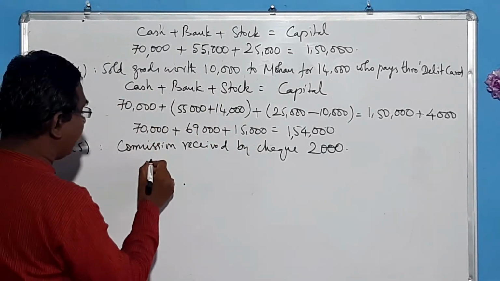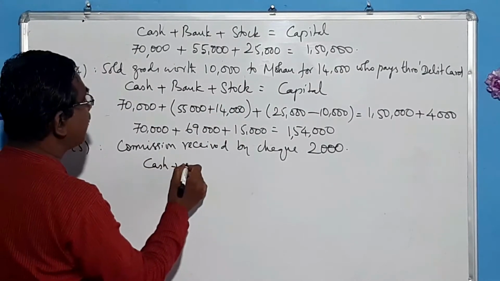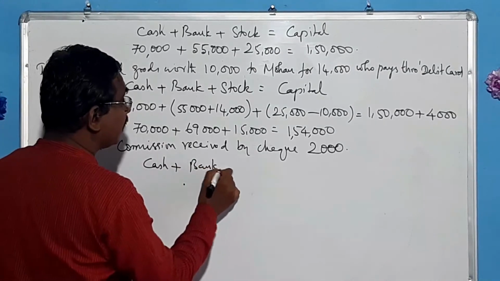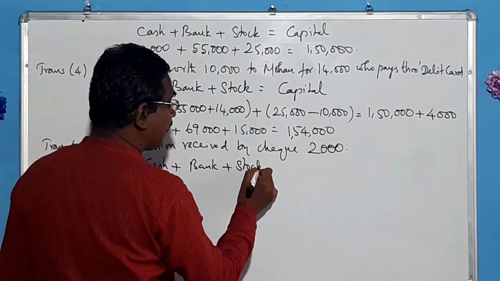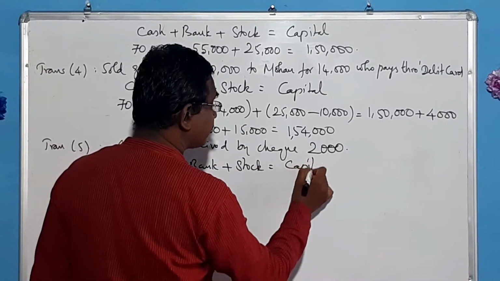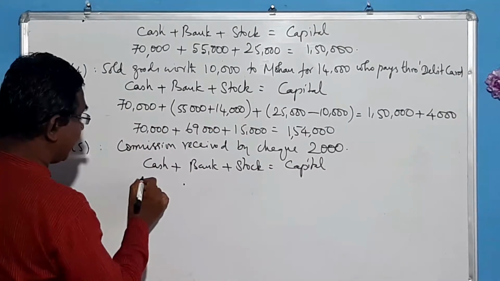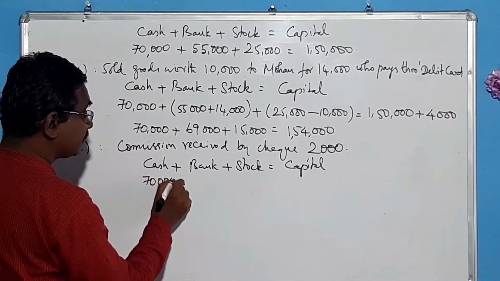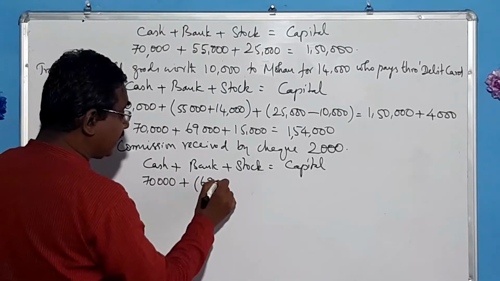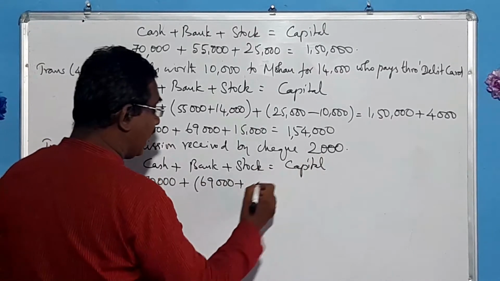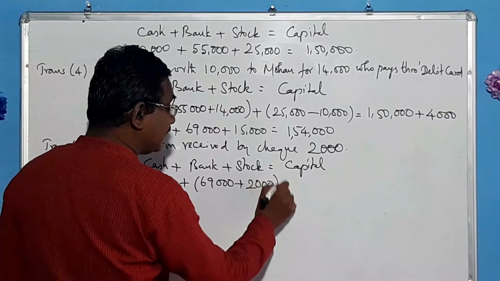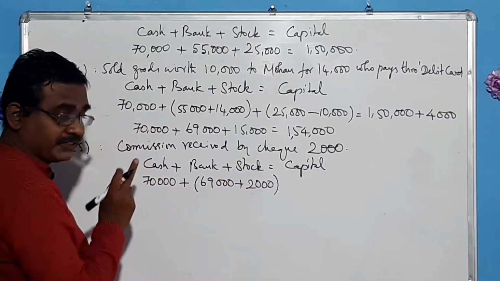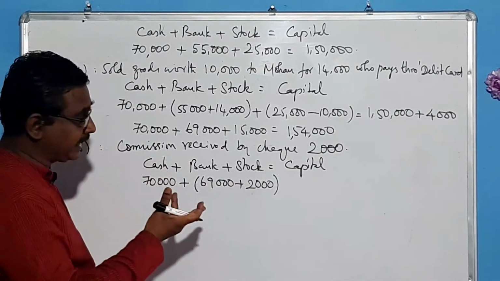So what are the items? Cash plus bank plus stock gives you capital. See, there will not be any change in cash. Bank, with that 69,000, we have to add this 2,000 because that amount is given in the form of check and we have deposited the check in the bank.